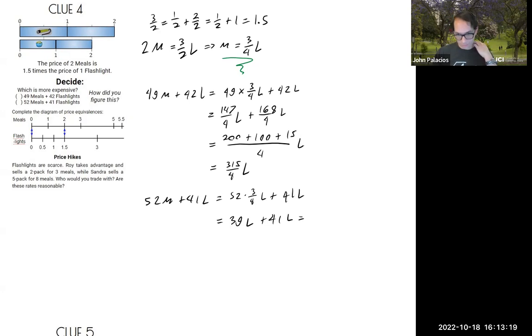I think I might have messed this one up. 80L. Let's see, 70, yeah, I guess that's right. For 52, 13 times 3, 39, yeah.